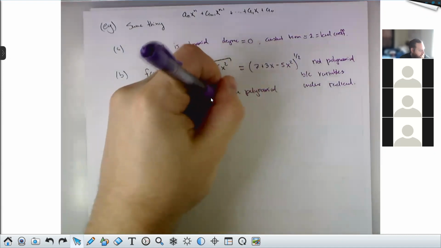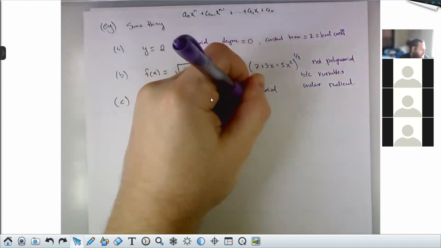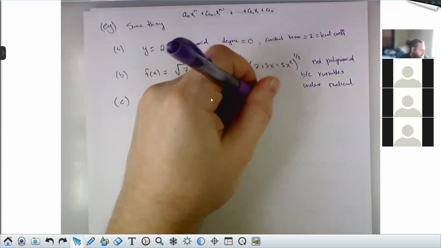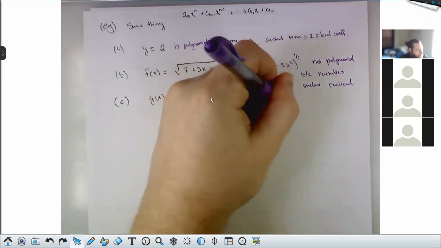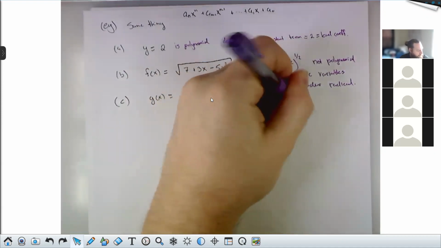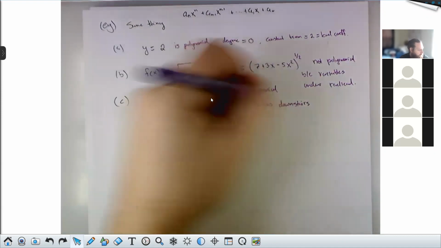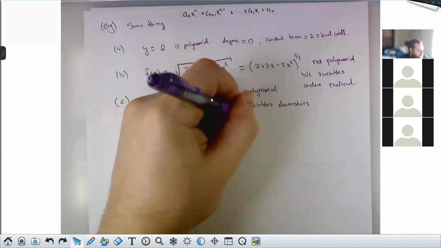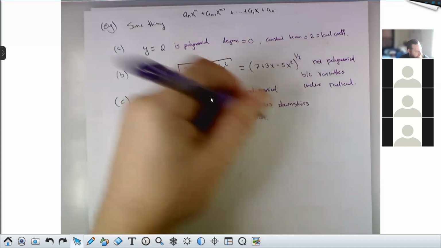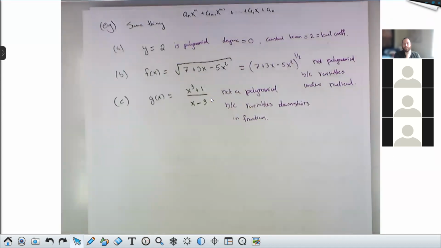The trick here, if there's variables anywhere downstairs in a fraction, no dice. This would work if there weren't any, like x wasn't on the bottom. That's correct.